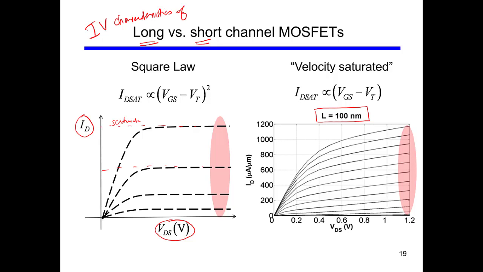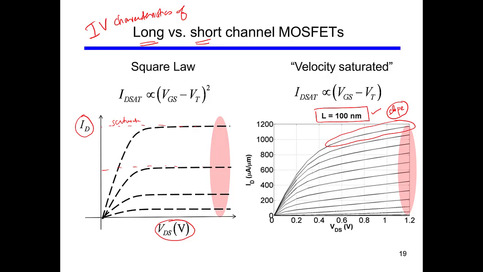But the short channel, on the other side, has a characteristic curve that does not saturate, but has a finite slope, which means that in the saturation region, if you increase VDS a little bit, you will see a corresponding change in the current ID.